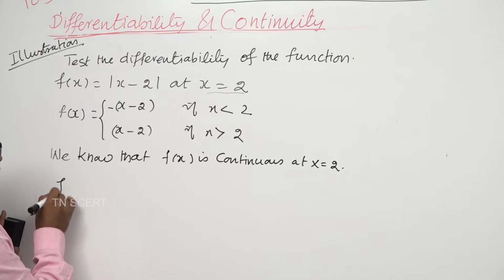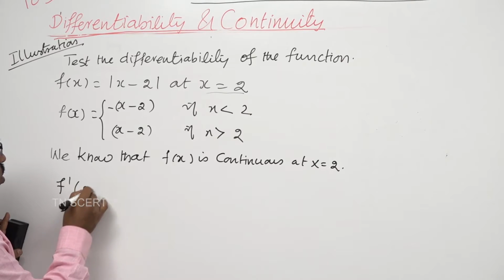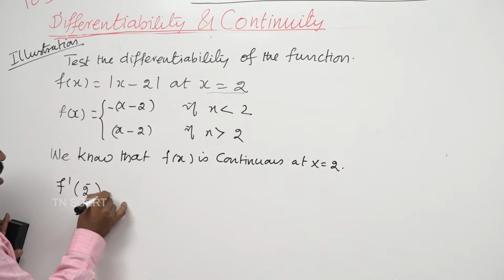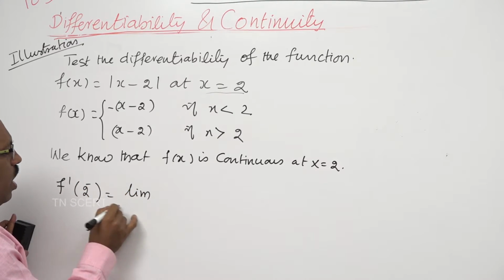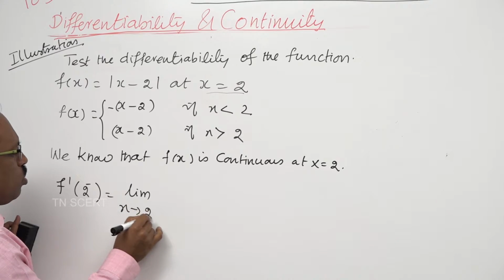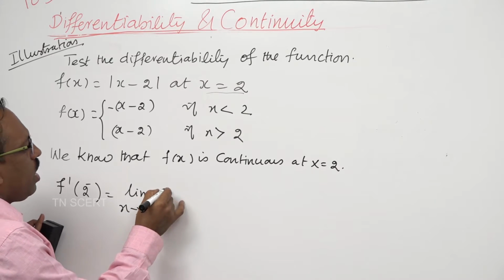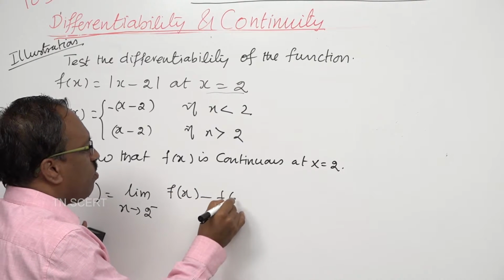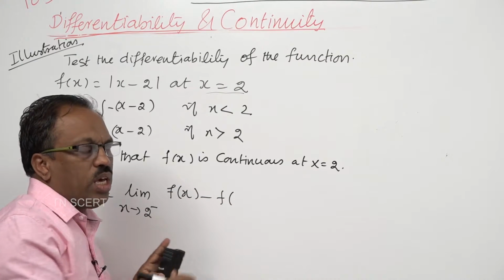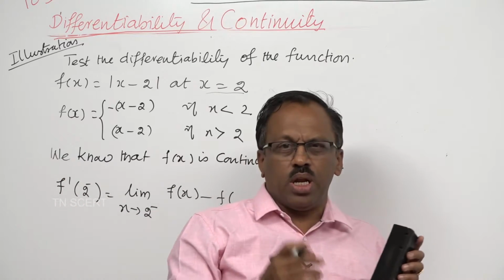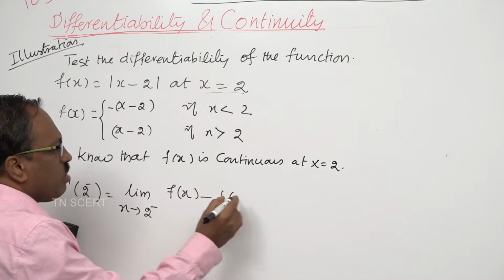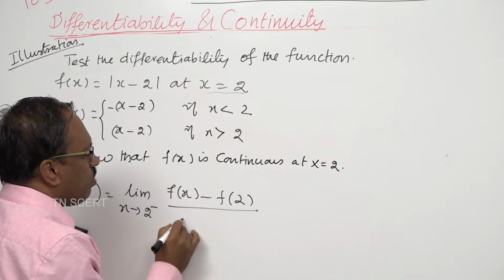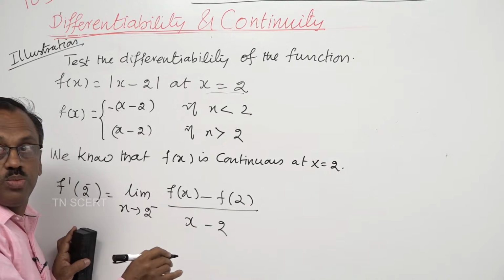Now, let us take f dash of 2 minus, that is the limit as x tends to 2 minus of f of x minus f of 2 over x minus 2.